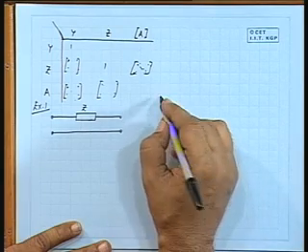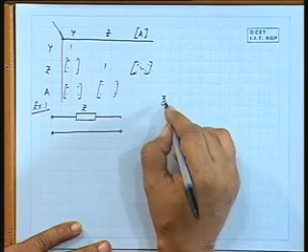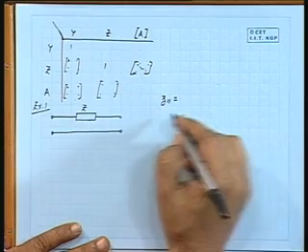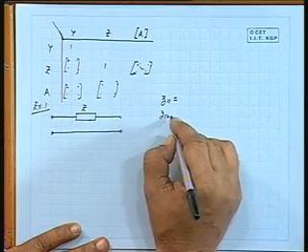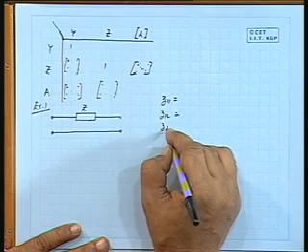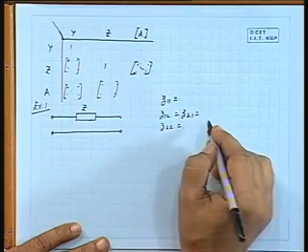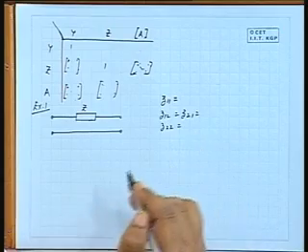What will be the Z parameters? Z11, Z12, Z22. Could you please tell me what will be Z11, Z12 and Z22? Similarly, what will be Y11, Y12 and Y22 for this network?